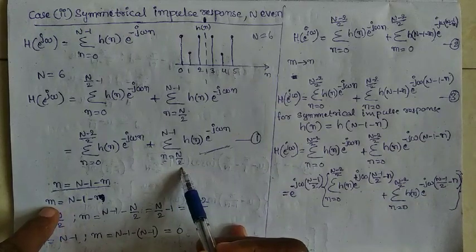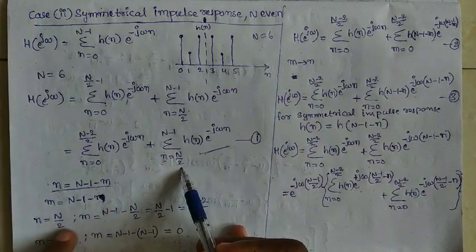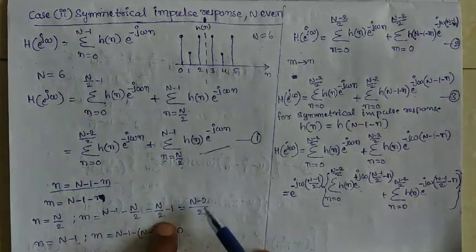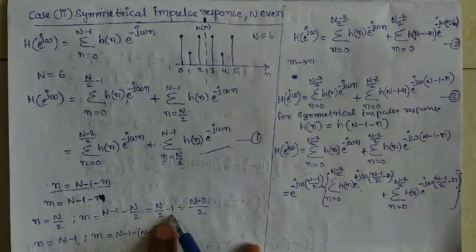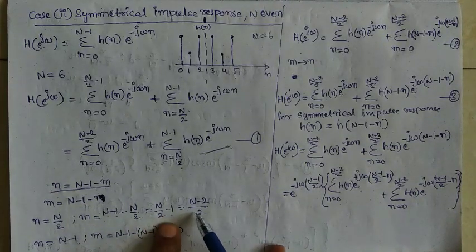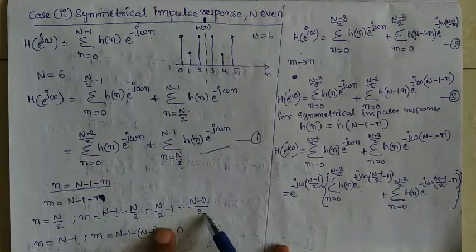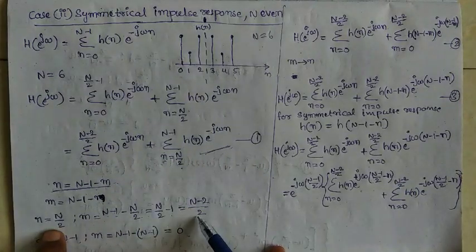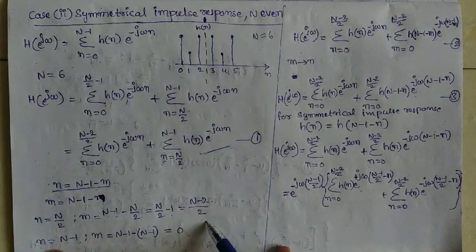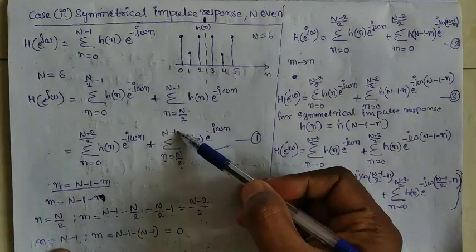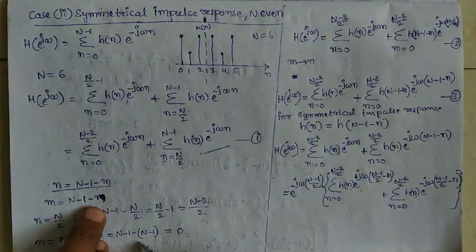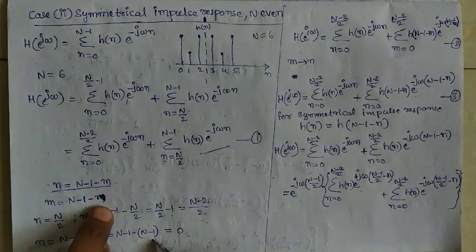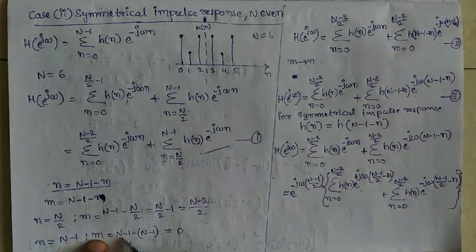Using this formula, it is N minus 1 minus N by 2, which is equal to N by 2 minus 1, that is N minus 2 by 2. So for n equal to N by 2, the m value is N minus 2 by 2. Similarly, for n equal to capital N minus 1, m is capital N minus 1 minus capital N minus 1, which cancels, so this value is 0.